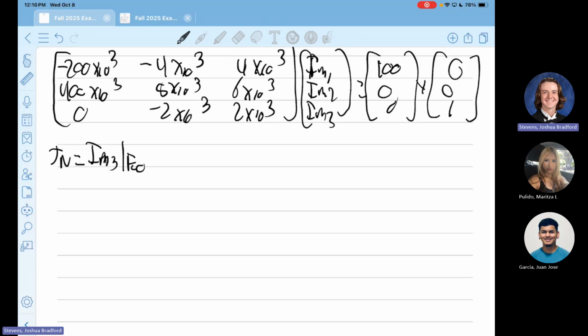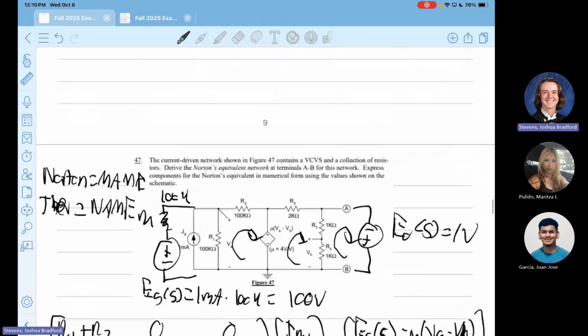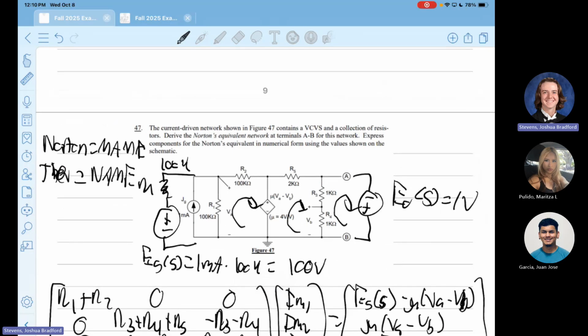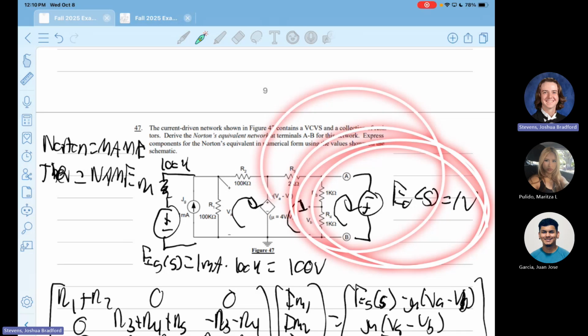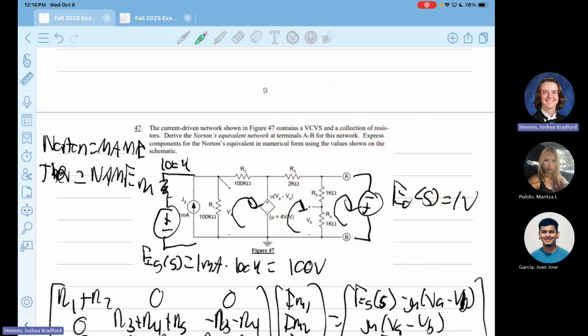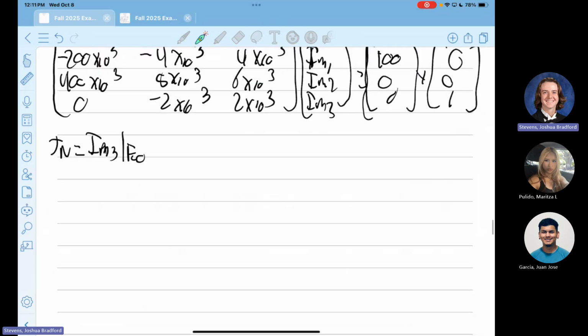To find the source, you find whatever node or mesh your terminals are in. And in this case, our terminals, A and B, are in mesh what? When E naught is 0, the source we put in. But does everybody understand why I said IM3? Our terminals A and B are in IM3. Therefore, I'm looking for the current in IM3. And we just do it when E naught is 0.